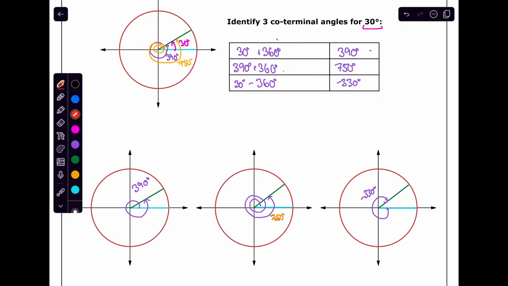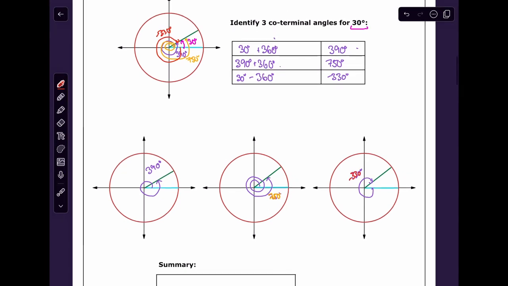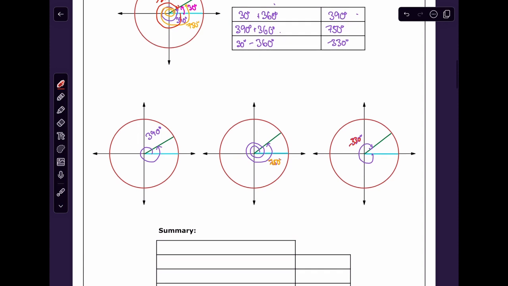Then I'll do negative 330 in red. So we'll start clockwise, make our way around to the terminal arm. So all these angles are coterminal angles, and there's an easy way to find the coterminal angle for any number.